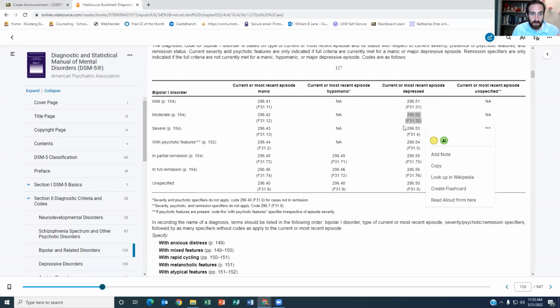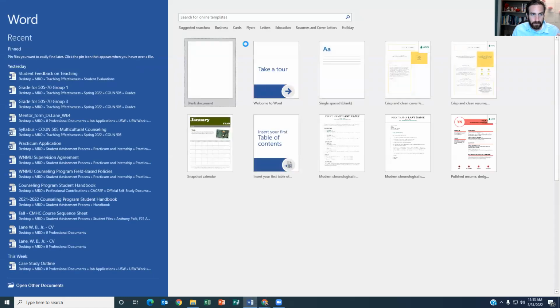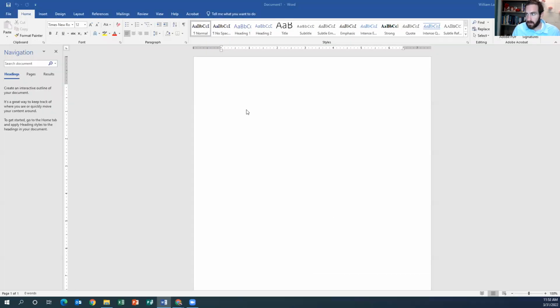And so also, when you're writing out what the diagnosis is, I'm going to share now my Word document. Okay, just making sure.